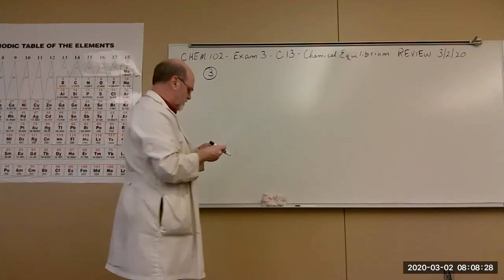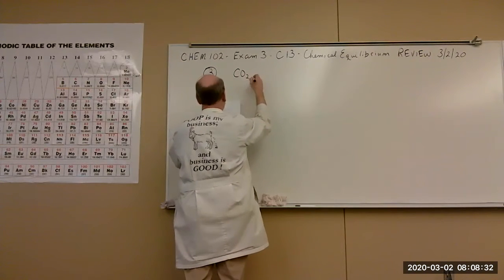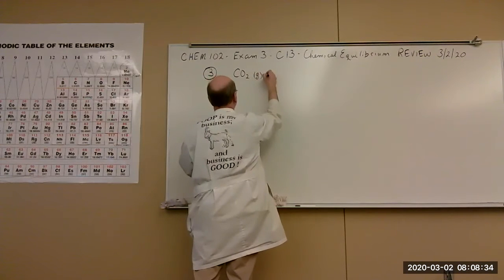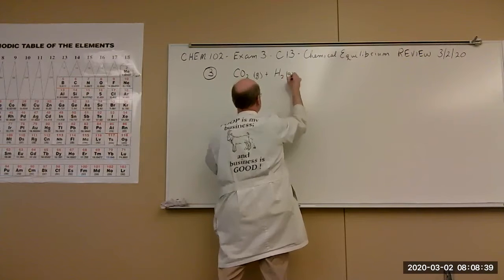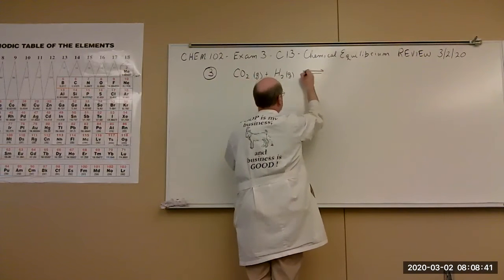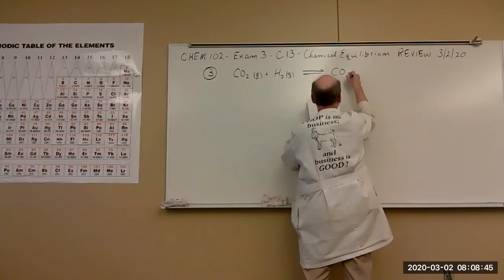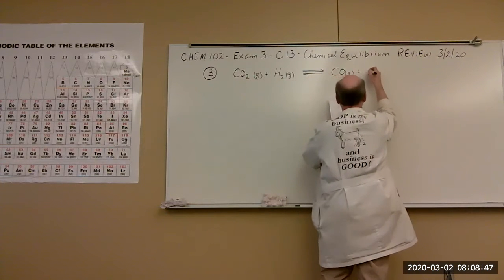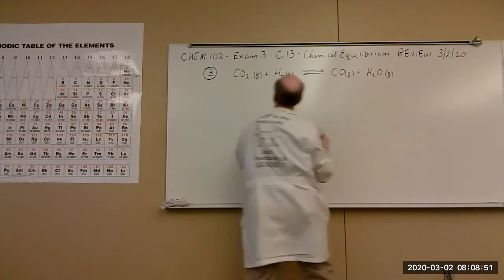So our equilibrium system is this. There are a couple of gases, and making a couple more gases. Let's see.